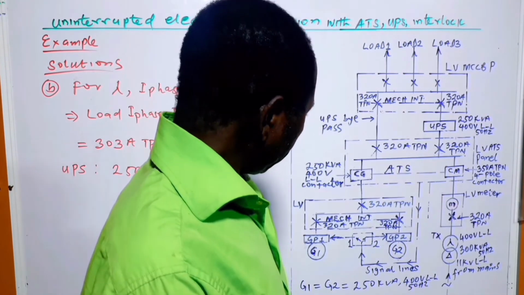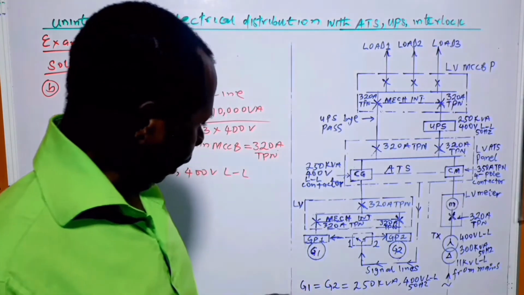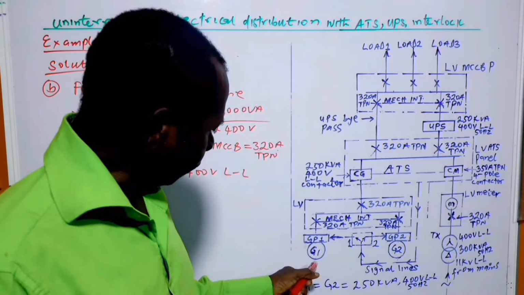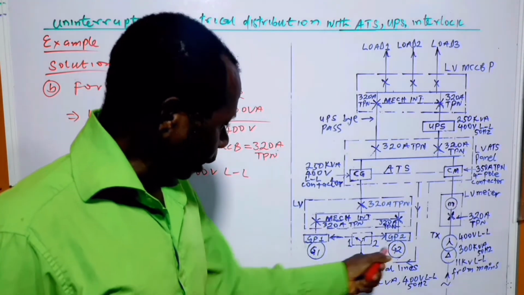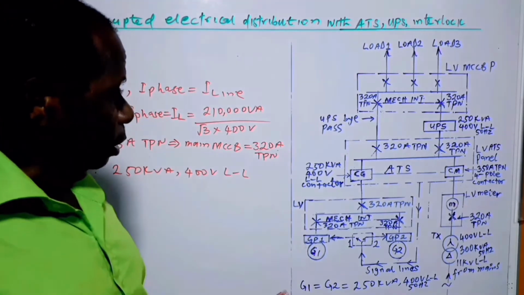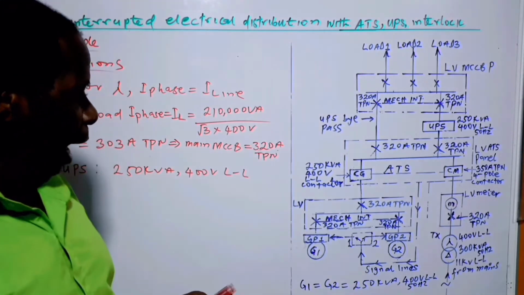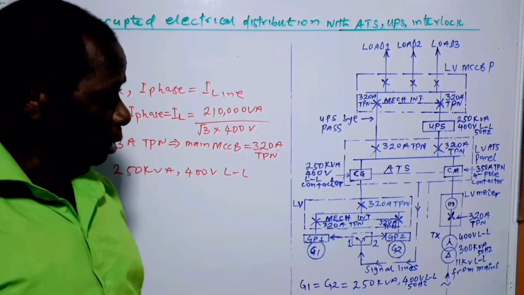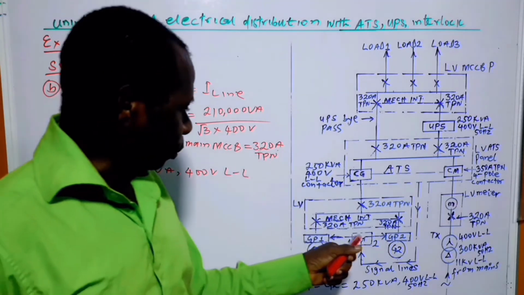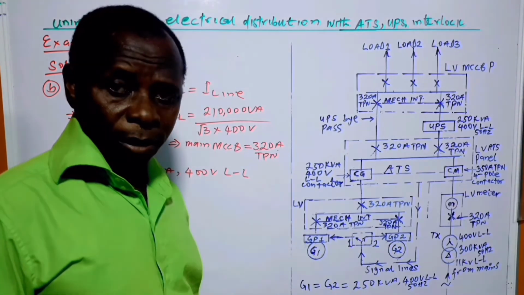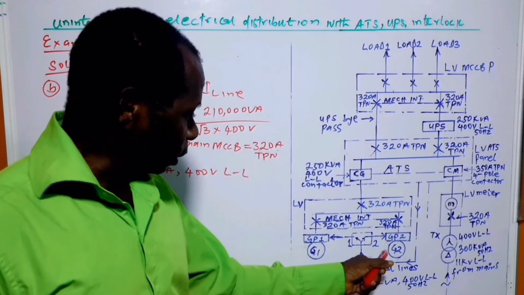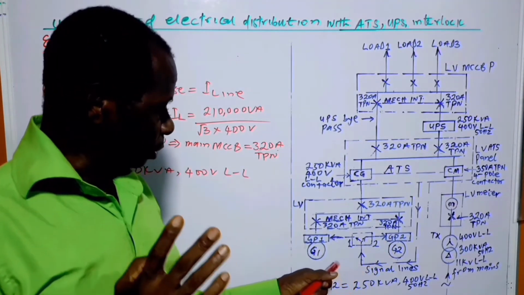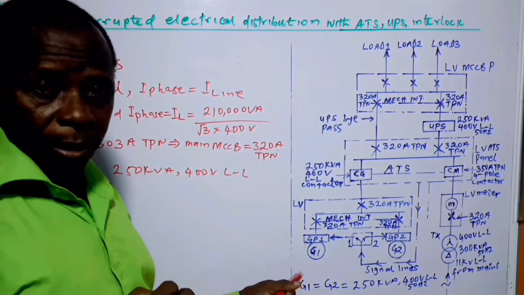So we now go to the generator side. We have generator 1, generator 2, because in a situation where one generator is faulty, you need the other one. The other one should be in place. That's why 2 generators are required.